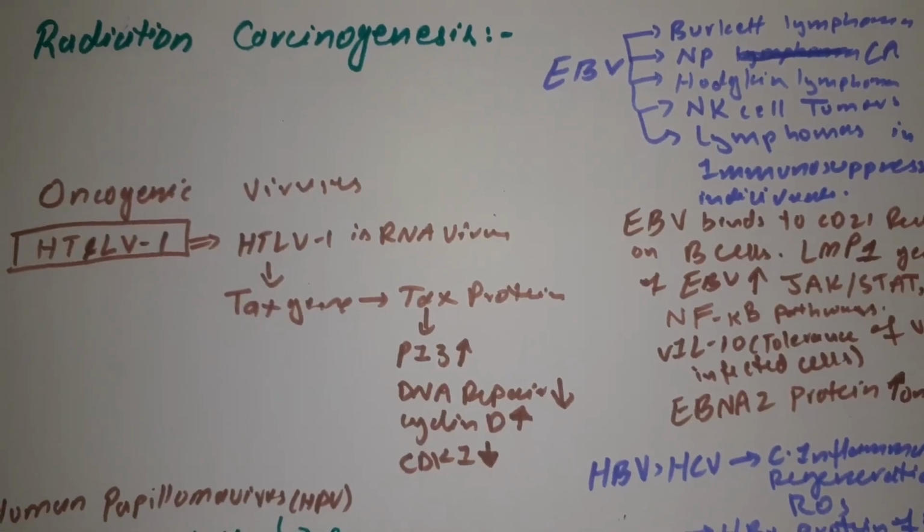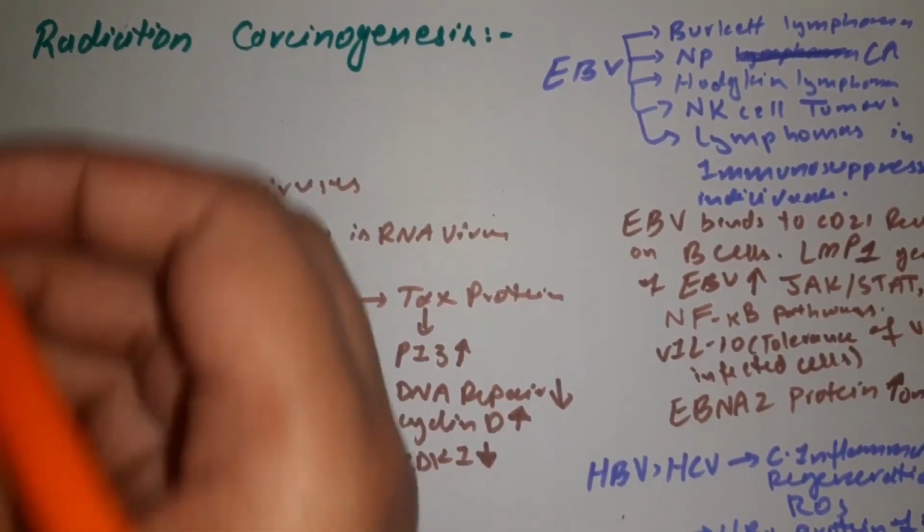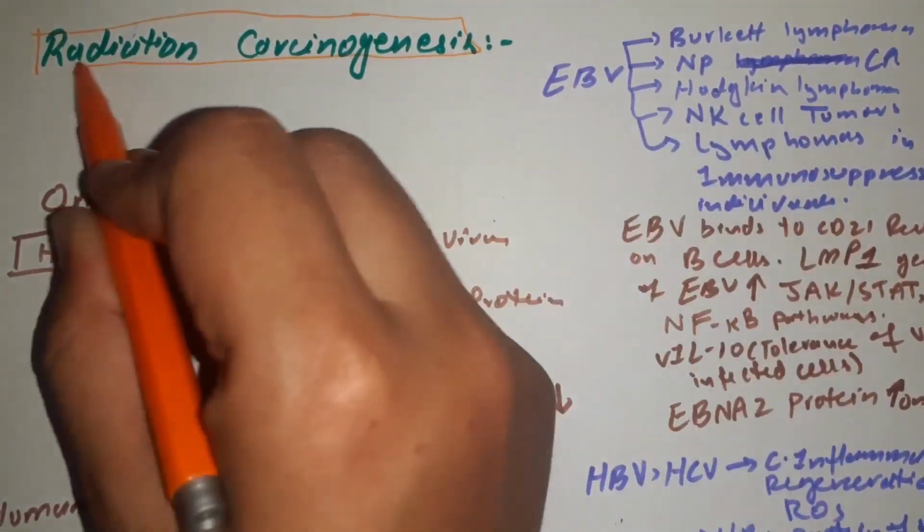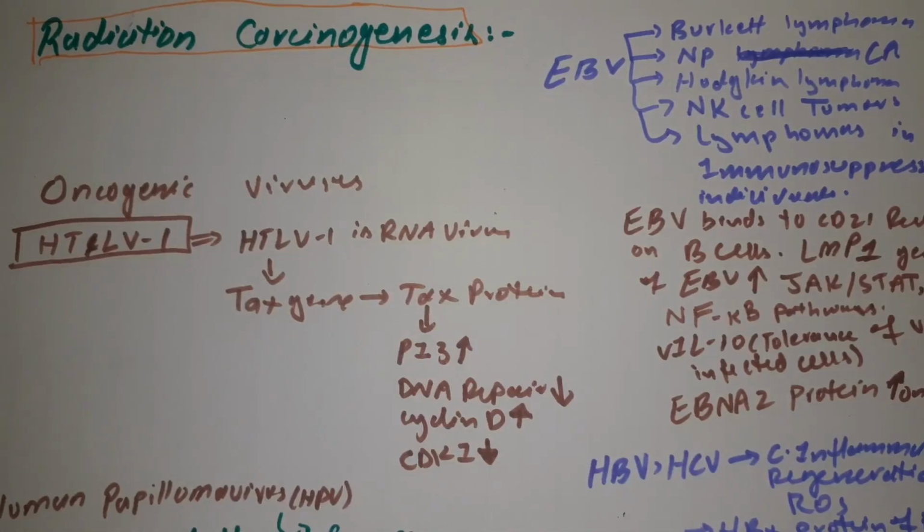Next, we come to the second major etiological factor of carcinogenesis, which is radiation carcinogenesis. Radiation, including different kinds of rays, for example X-rays, ultraviolet rays, and so on, can lead to mutation in DNA and can lead to carcinogenesis.